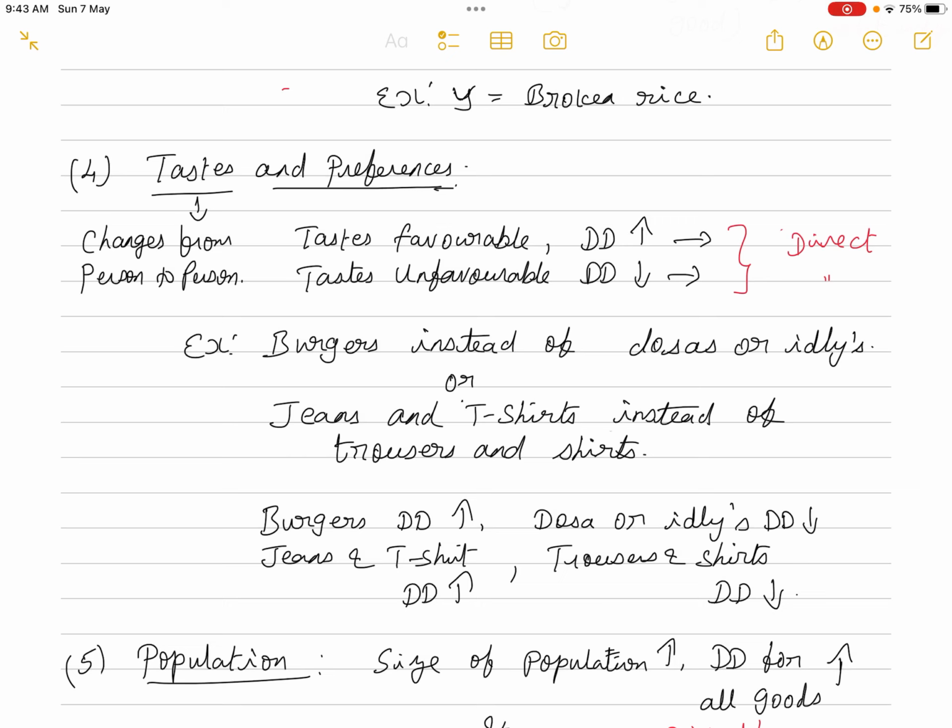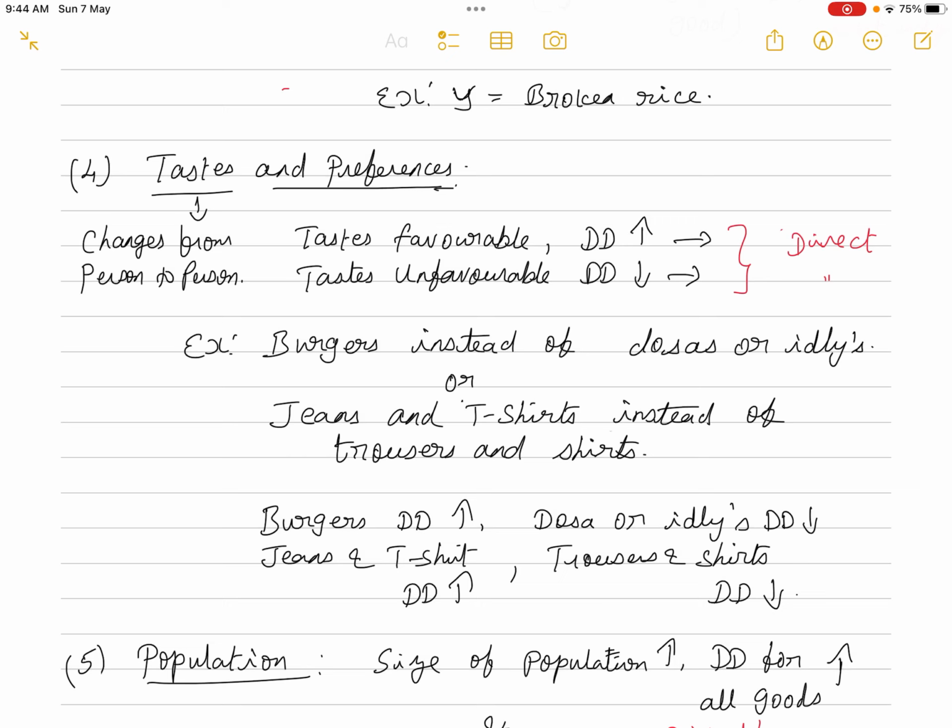though they will have a direct relationship. So the example I have given here: people nowadays prefer more fast food like burgers, pizzas and all, instead of having the traditional snacks like dosas or idlis. And so if the taste and preferences are shifting towards burgers and pizzas, the demand for burgers and pizzas is increasing.